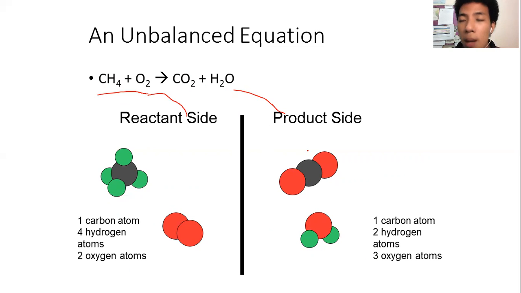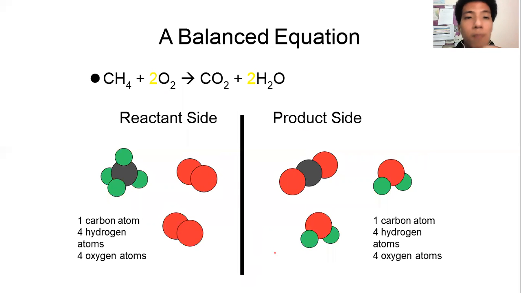Summing up, you have three oxygen atoms, and two hydrogen atoms on this product side. So we don't see any balance at all from these given elements. There's a need to balance the equation. To balance the equation, we have the following.